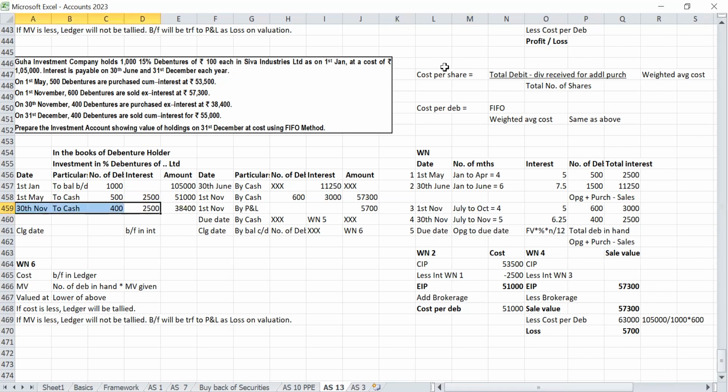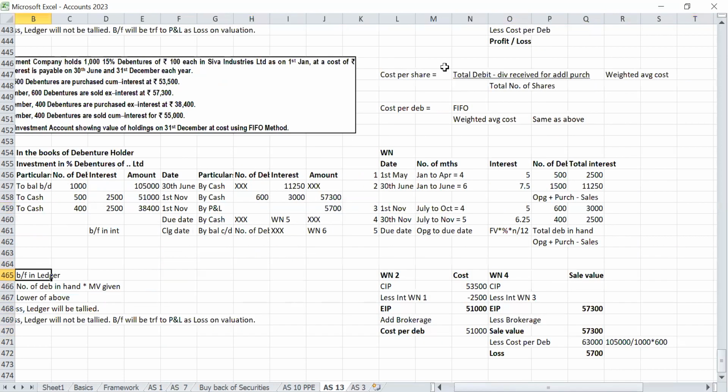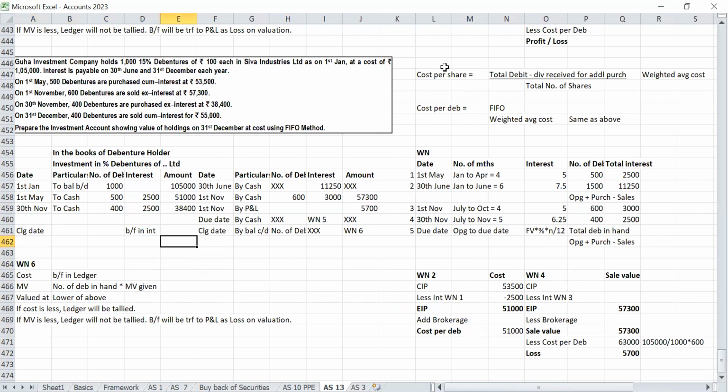Okay, then on 31st December, 400 debentures are sold cum interest at 55,000. An important point here: the due date is also 31st December, and the sale date is also 31st December.